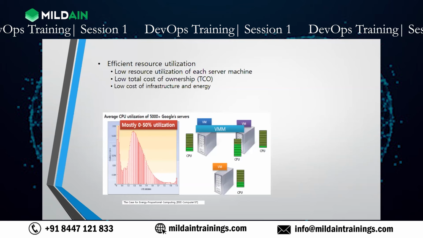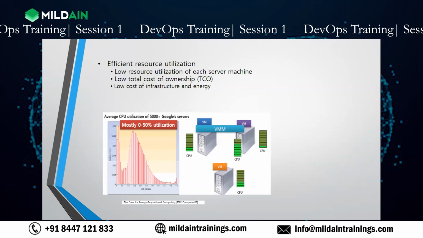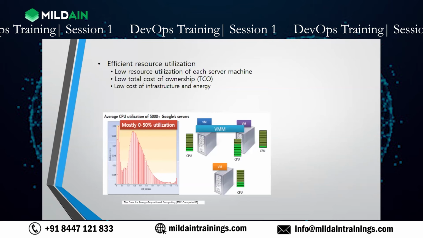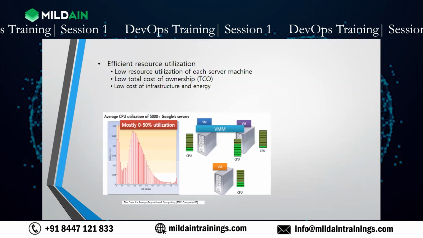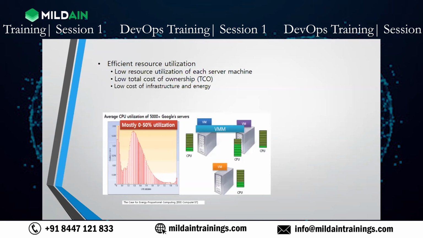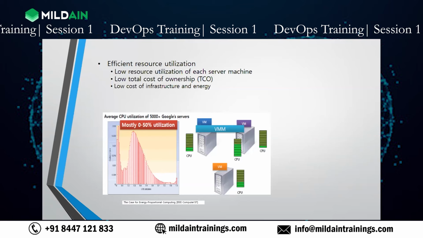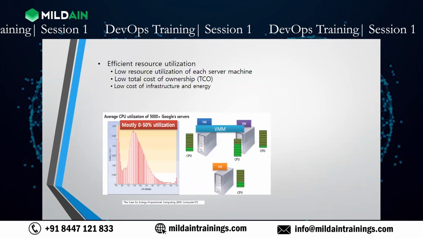So this is resource utilization, with low cost of infrastructure and energy. With a physical server, we need cost, infrastructure, and resources to maintain it. So this is the first benefit of virtualization.